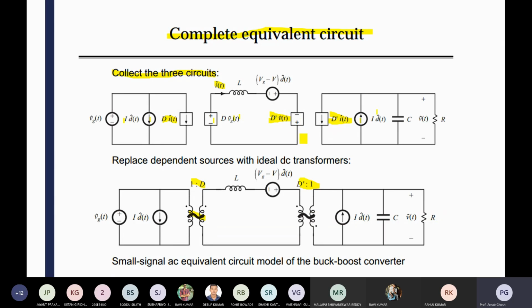Finally, this is the small signal AC equivalent circuit model for the buck boost converter, replacing the dependent sources with an ideal DC transformer.